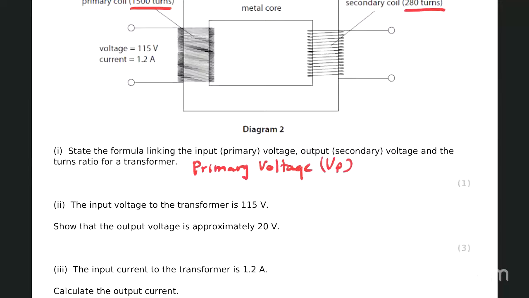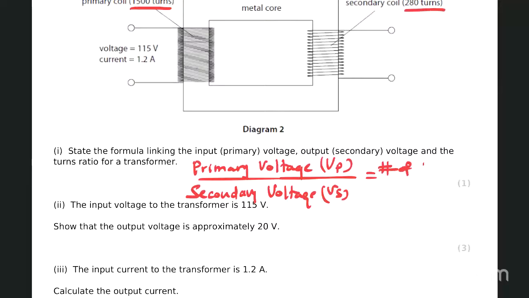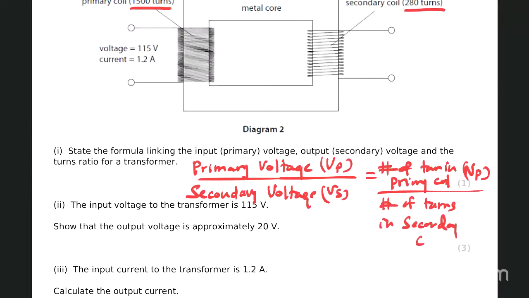So it is going to be VP over secondary voltage VS will be equal to number of turns in primary coil NP over number of turns in secondary coil NS.